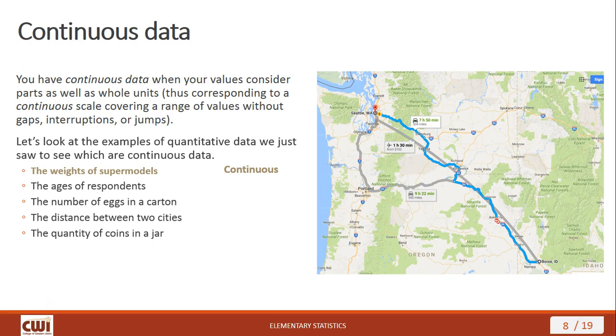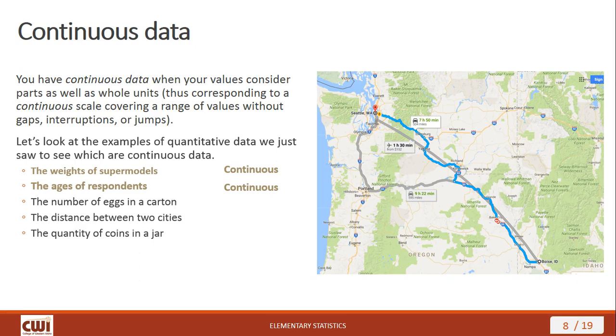So the weight of supermodels, yeah, that's going to be continuous data. The ages of respondents, likewise, is going to be an example of continuous data because you have a certain number of years, but then there's a partial number of years, a part of a year that you tack onto it to describe the actual data point. So the age of respondents is going to be continuous data.